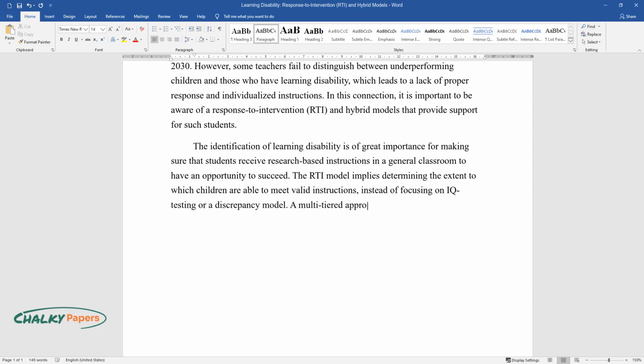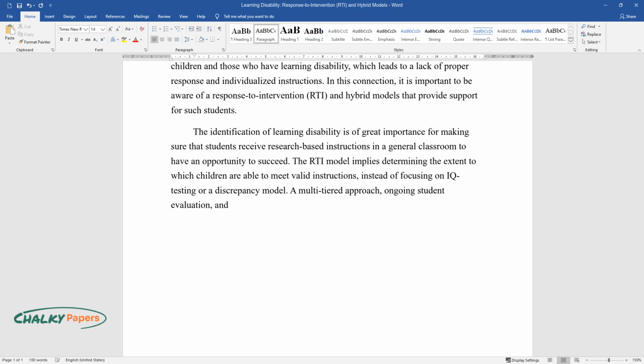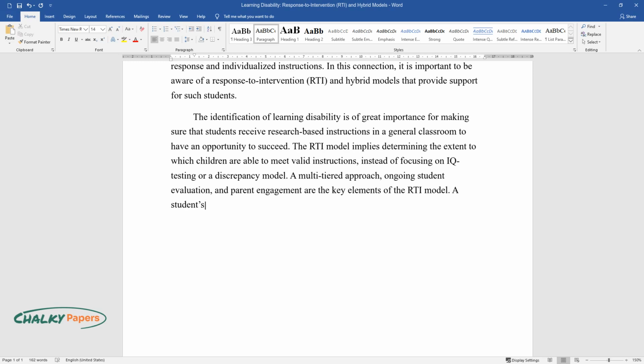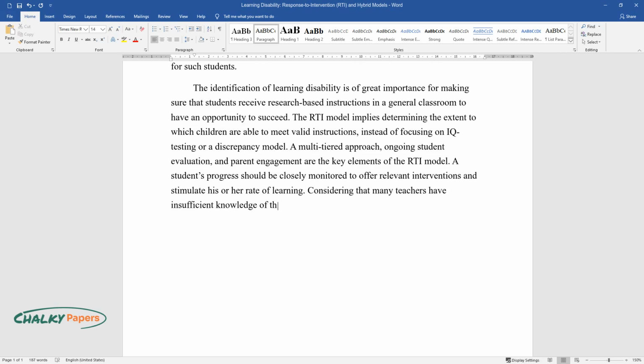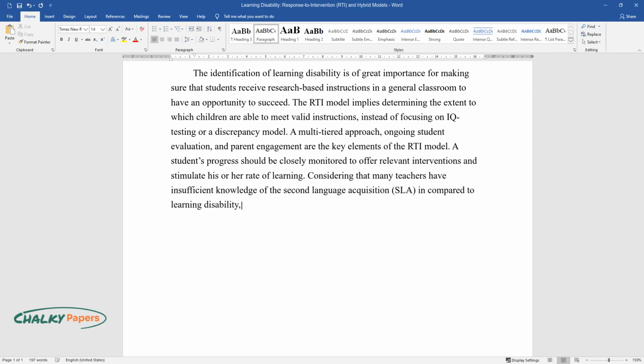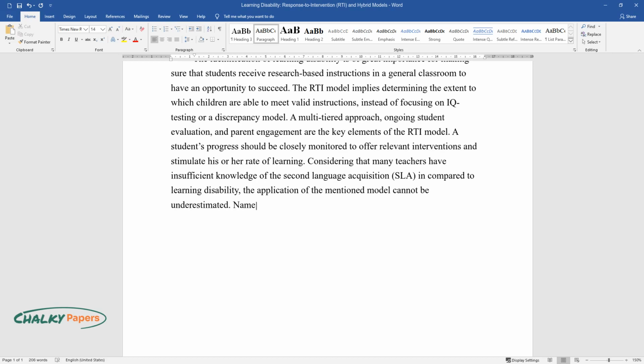A multi-tiered approach, ongoing student evaluation, and parent engagement are the key elements of the RTI model. A student's progress should be closely monitored to offer relevant interventions and stimulate his or her rate of learning. Considering that many teachers have insufficient knowledge of second language acquisition, SLA, and compared to learning disability, the application of the mentioned model cannot be underestimated.